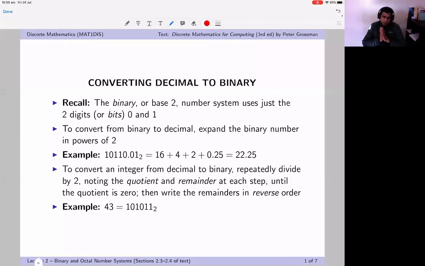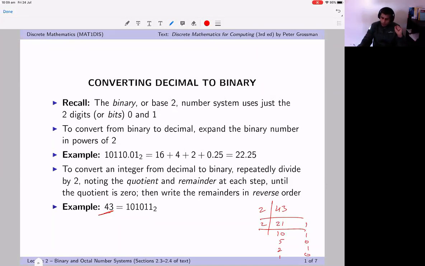What that means is, if I want to write this number 43 in binary, I would write 43 and divide by 2. When I divide 43 by 2, I get 21, and my remainder is 1. Yes, 21 times 2 is 42, plus 1 is 43, so 1 is the remainder. I divide again by 2, and I get 10, and my remainder is 1 again. Similarly, I divide again, I get 5, remainder is 0, then I get 2, remainder is 1, then I divide by 1 and the remainder is 0.